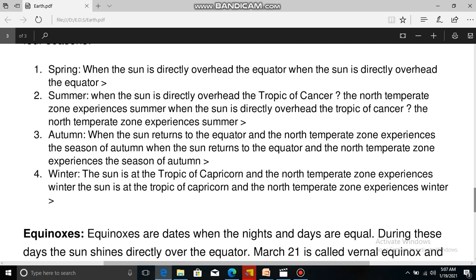Number 3, autumn: when the Sun returns to the equator, the northern temperate zone experiences the season of autumn. Winter: the Sun is at the Tropic of Capricorn and the northern temperate zone experiences winter.